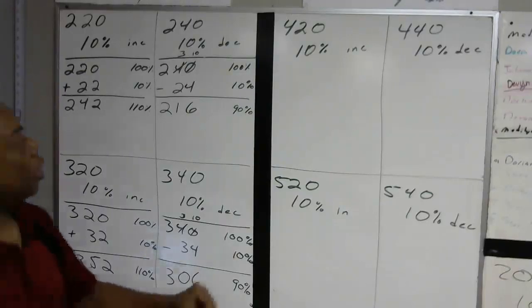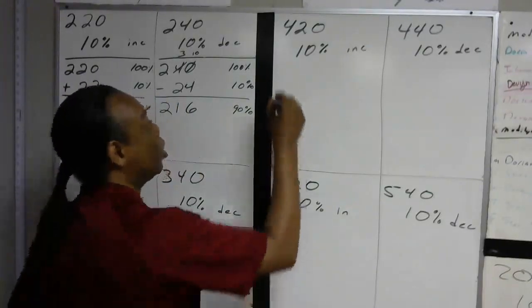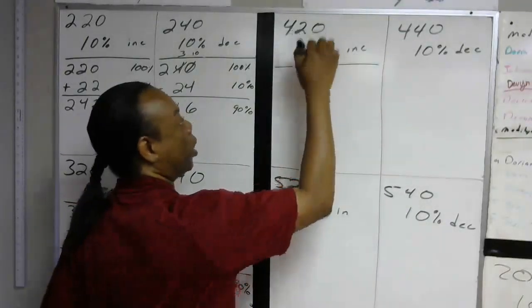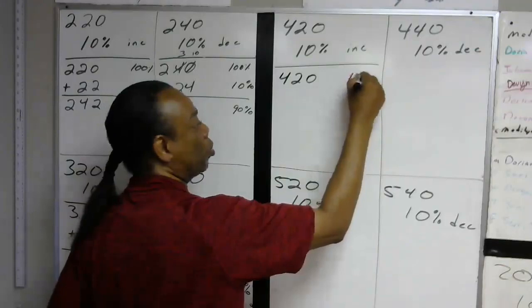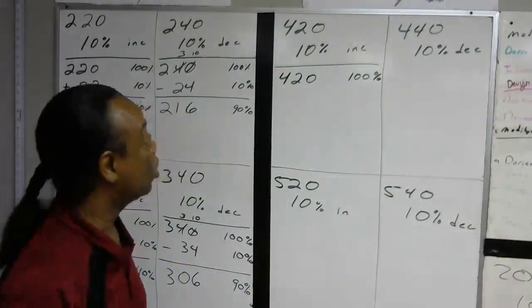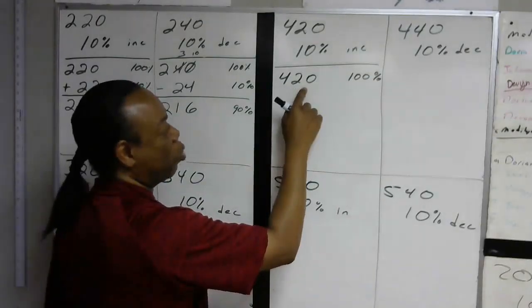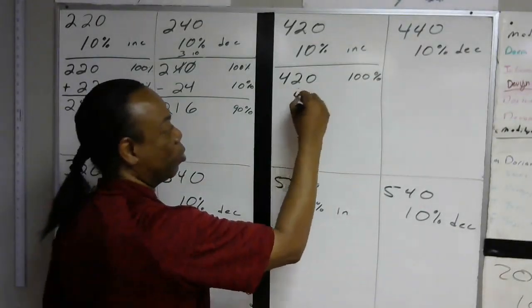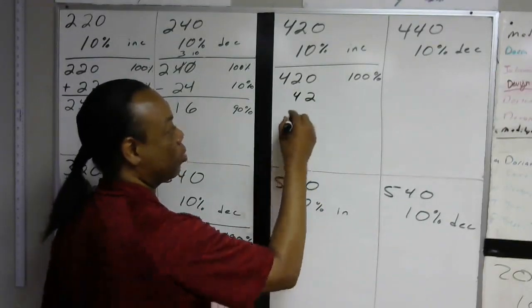Okay, let's look at another 10% increase. 420. 420 represents the original amount, or should I say 100%. 10% of 420 will be 42. Okay, and we're going to increase this.